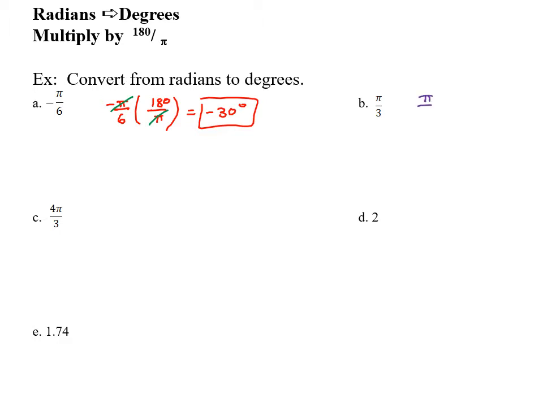Or if I did pi over 3 times 180 over pi, again, the pi's would just cancel. And then you say that 3 goes into 180 actually 60 times. So this is exactly 60 degrees.